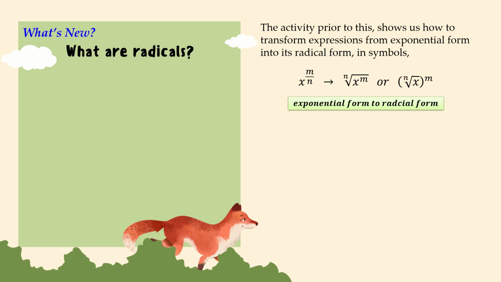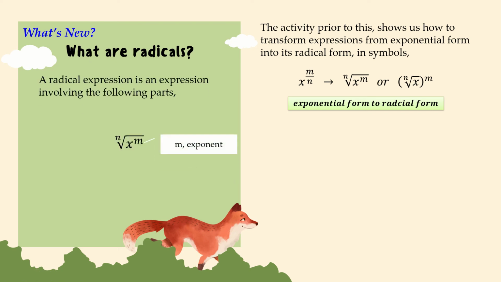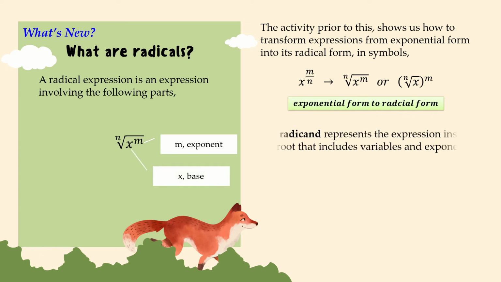So what are we talking all about? From exponential to radical. So it leads us to the topic on radicals. What are radicals? A radical expression is an expression involving the following parts. The nth root of base x exponent m. So m there stands for the exponent. x stands for the base.